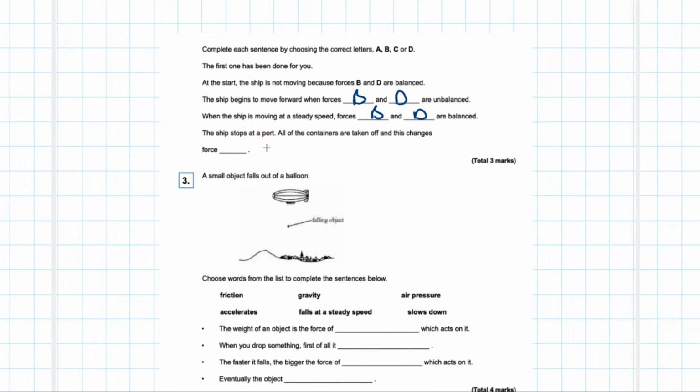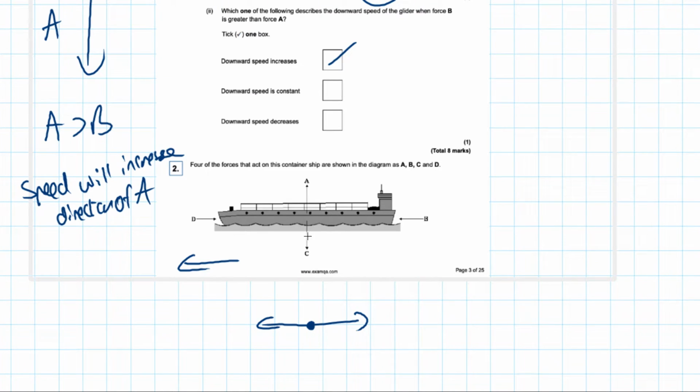When the ship stops at port, all the containers are taken off, and this changes the force. So this will change the force of C or A, because this is the weight. The weight is acting downwards, and that's equal to mass times gravity. When you take the containers off, the mass will reduce, and therefore the weight must also reduce because they're equal to each other.